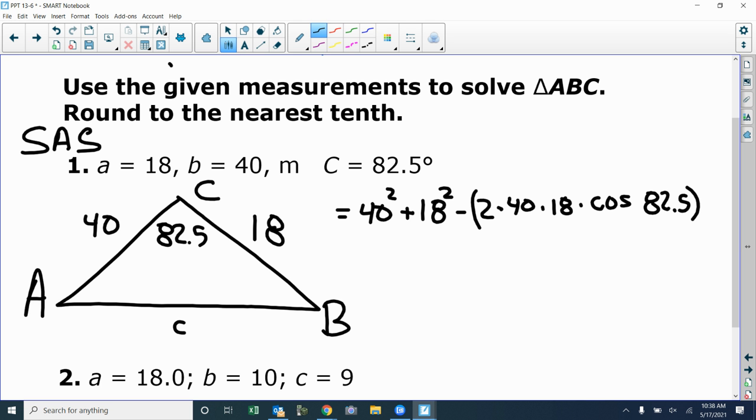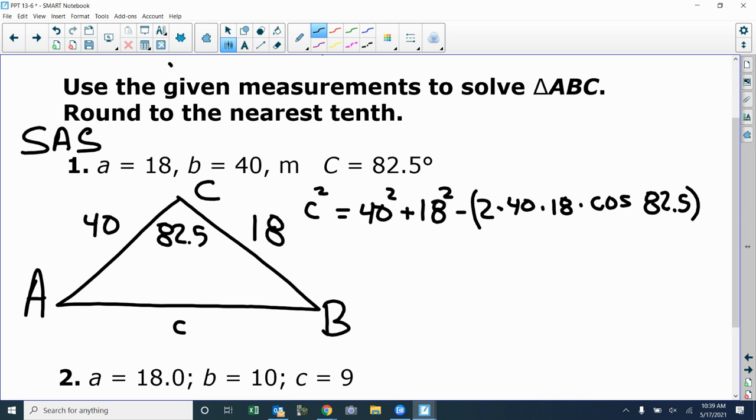Remember, that's what C squared is equal to, so you will need to take the square root of that when you try to calculate it. I have no idea what it is, so when someone comes up and they feel confident about it, let it roll off. I have a feeling it's going to be greater than 40.